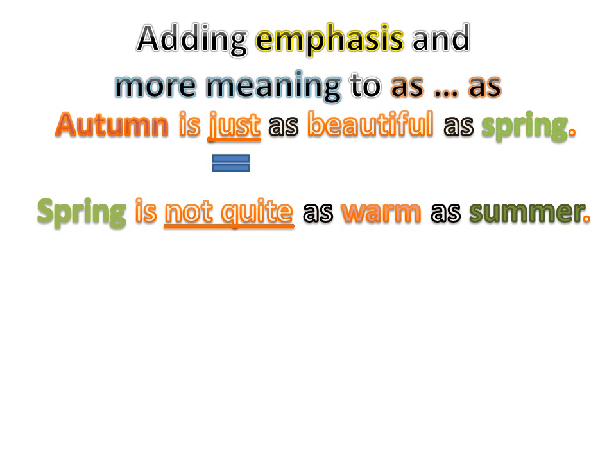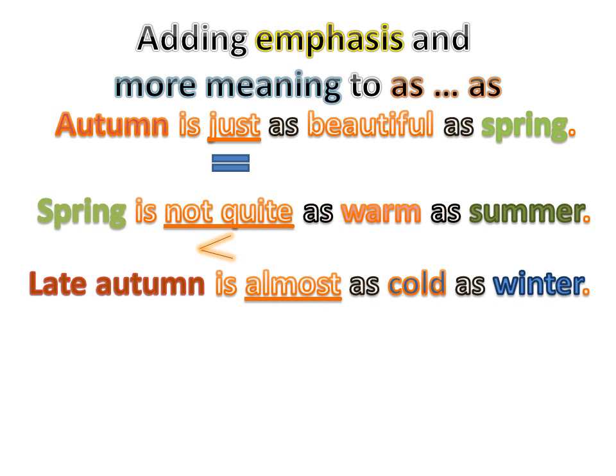This tells us that spring is less warm than summer, but that the difference is small. We can also say late autumn is almost as cold as winter. This is the same idea in that late autumn is less cold than winter and that the difference is small.